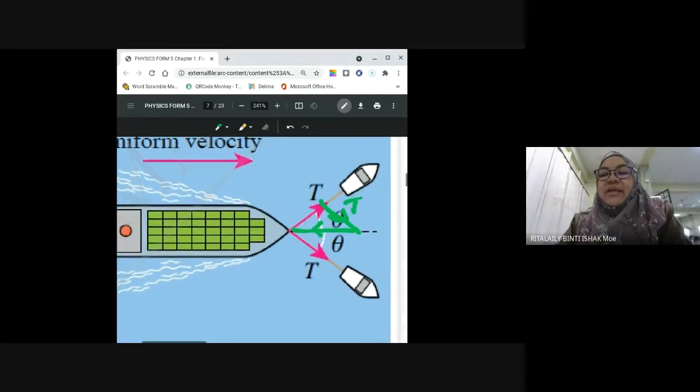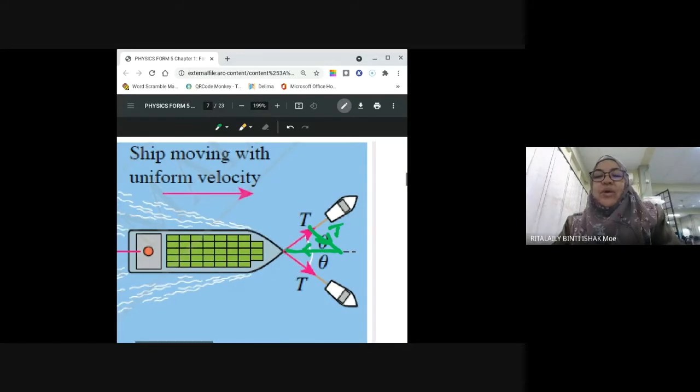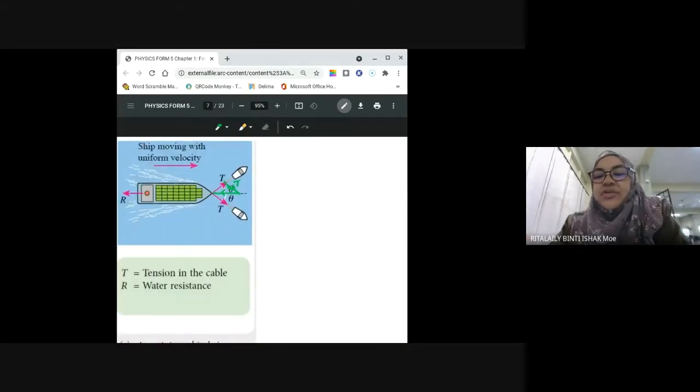If you look at the diagram here, this is the triangle of force and the direction of forces makes one cycle. So this proves that the forces are in equilibrium. Now I draw outside. I draw one force that is parallel to T, the same value as T. And then I draw this one. I draw it here.